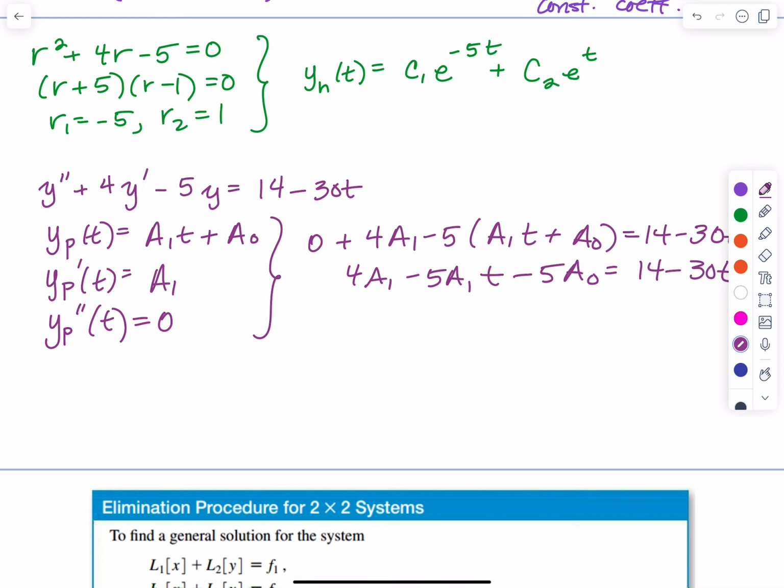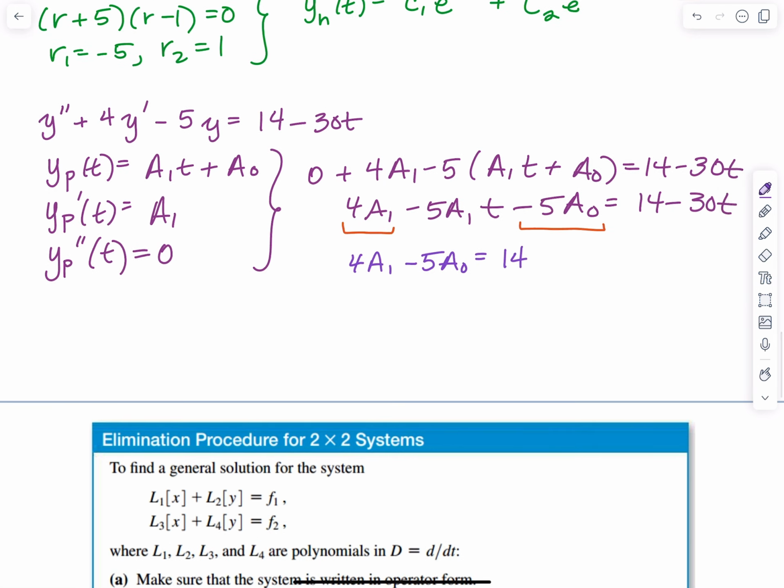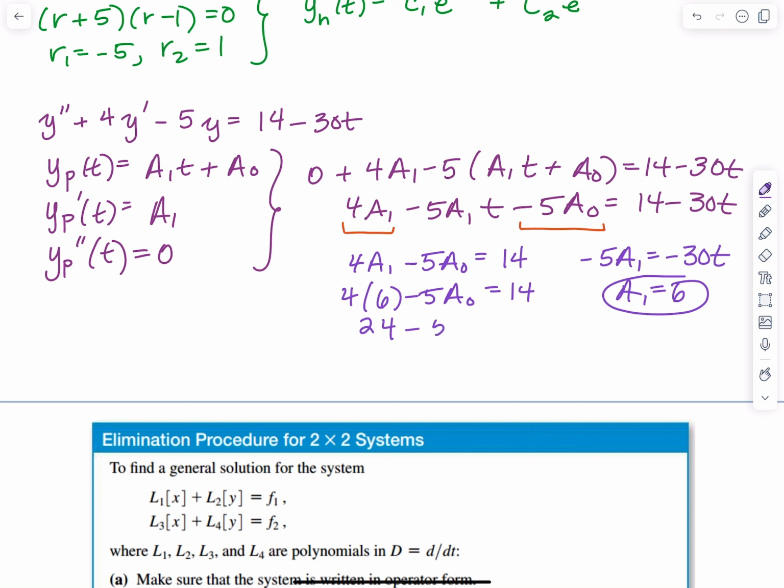So let's simplify this. 4a1 minus 5a1t minus 5a naught is equal to that. And we can see here that here are our constants. So it must be that 4a1 minus 5a naught is equal to 14. And we also have that negative 5a1 is equal to negative 30. So a1 is equal to 6. And solving for a naught, we come up with a naught is equal to 2.